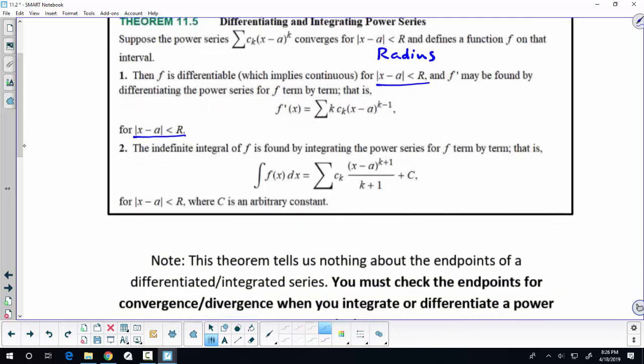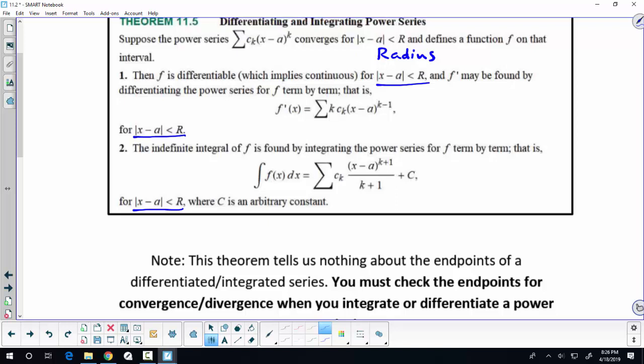The same thing goes for the indefinite integral or the antiderivative. It can be found by taking the antiderivative of each term. So power rule again: we add 1 to the power on x and then divide by the result. What we see is it has the same radius of convergence. We start off with some function represented by a series.